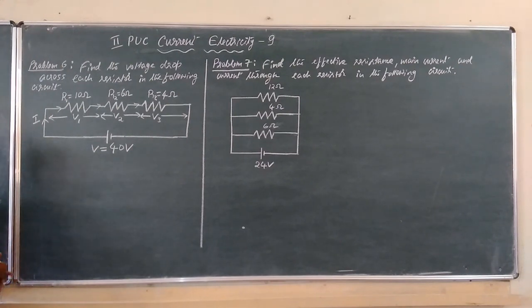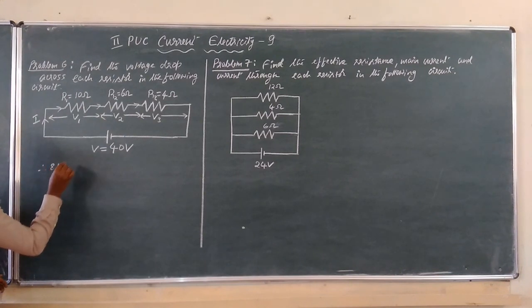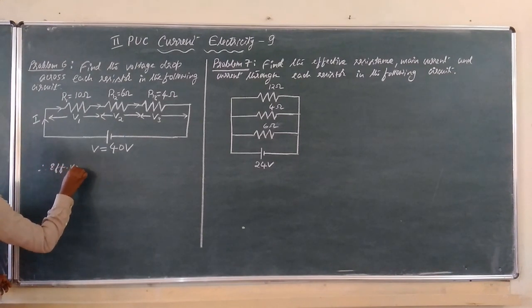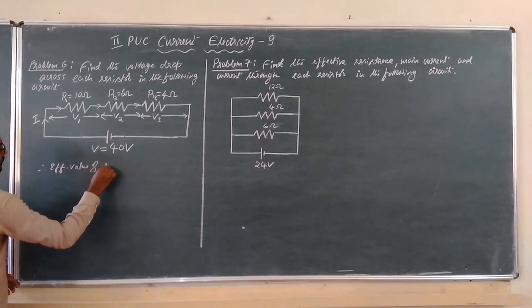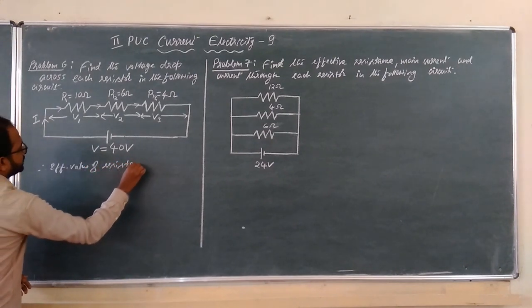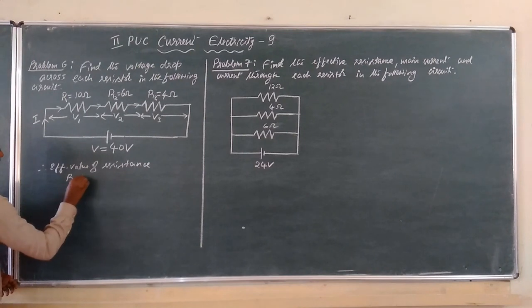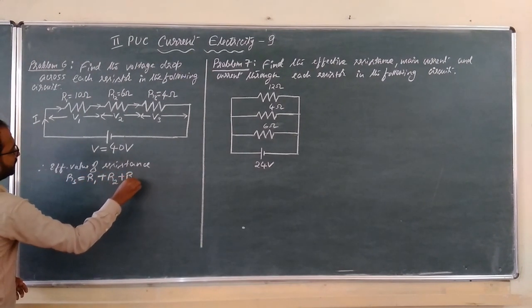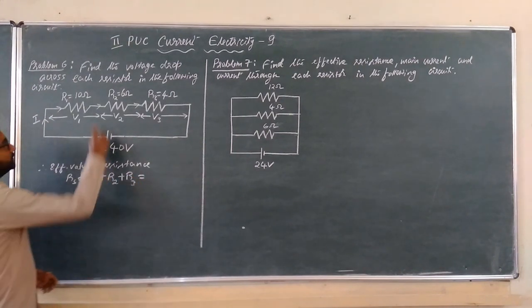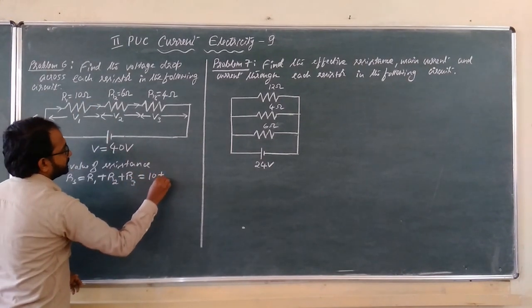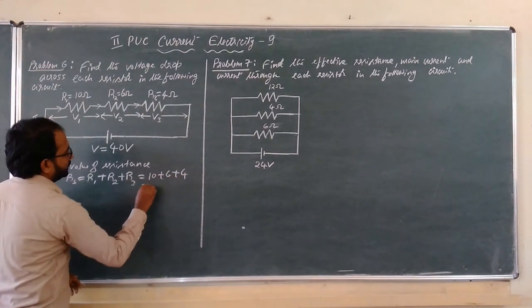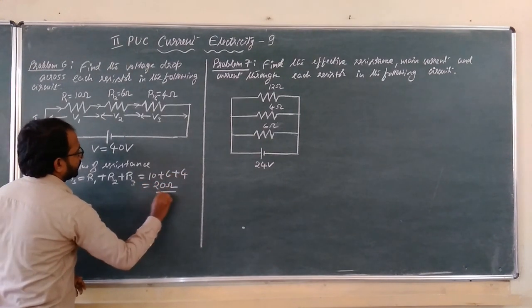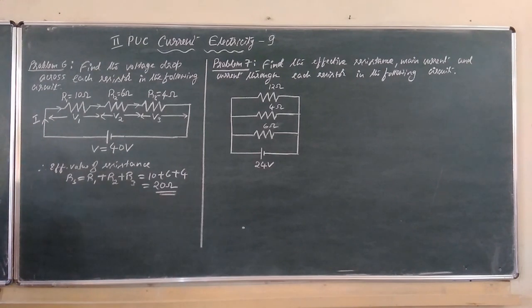So Rs is equal to R1 plus R2 plus R3, which is equal to 10 plus 6 plus 4, that is 20 ohm. This is the value of Rs, the effective value of resistance.